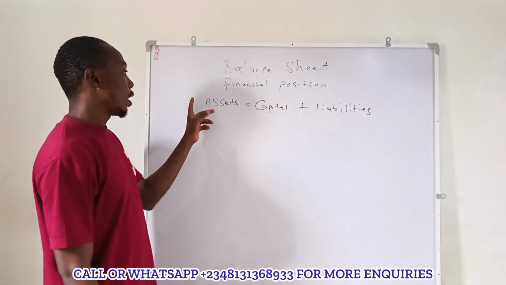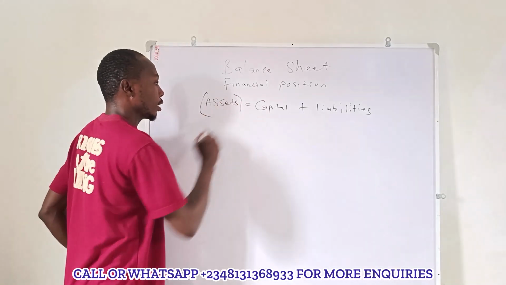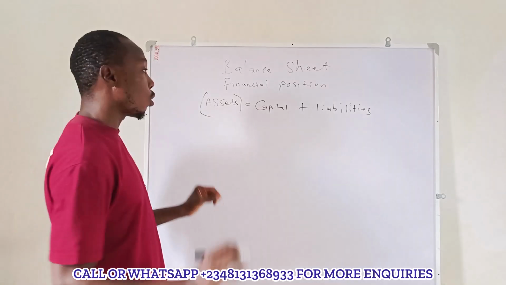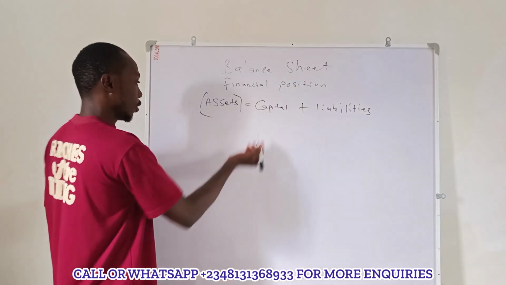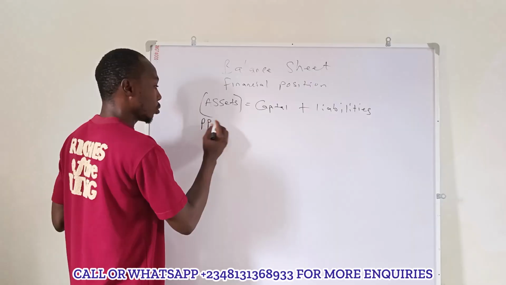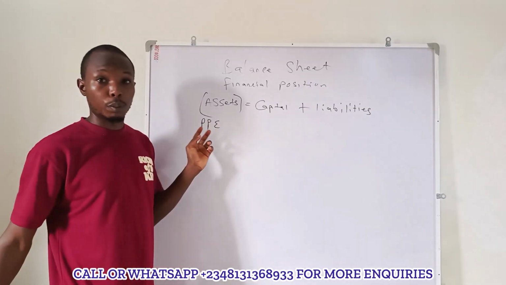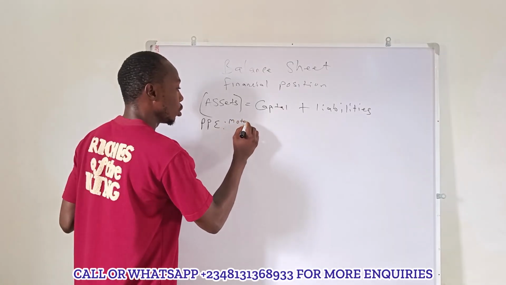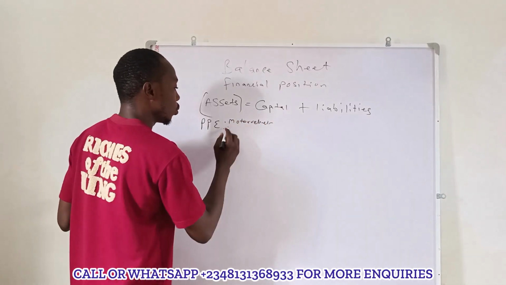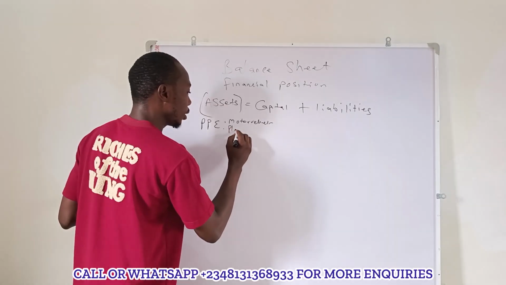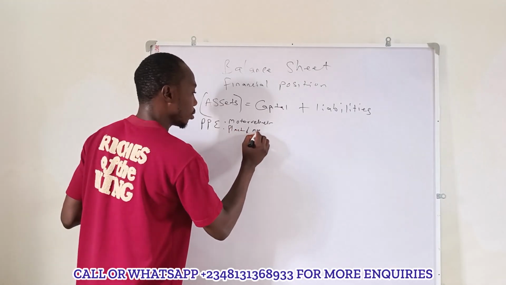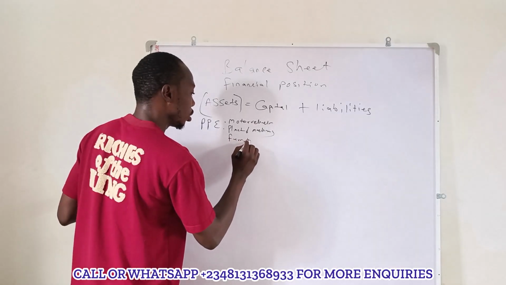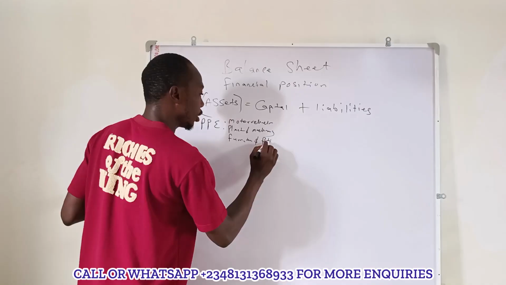An asset can be either a fixed asset, that is non-current asset, or a current asset. Part of the fixed assets, according to IAS, we call PPE, property, plant, and equipment, where we have motor vehicles, plant and machinery, furniture and fittings.